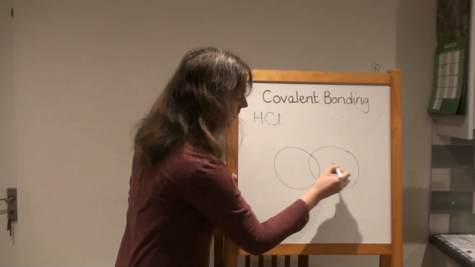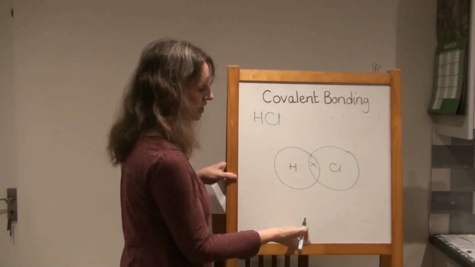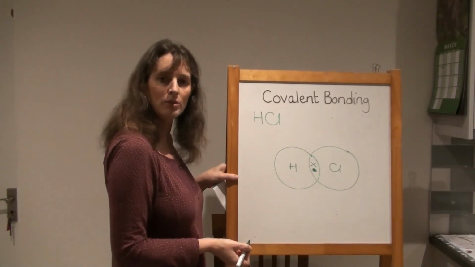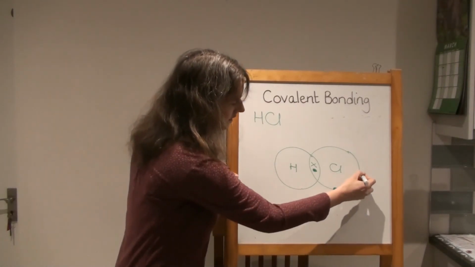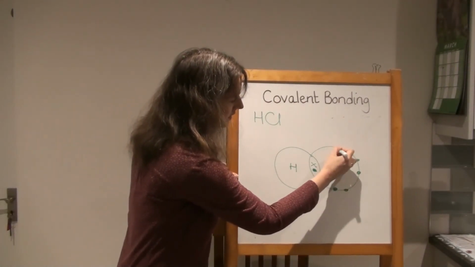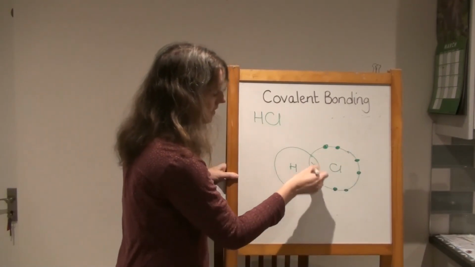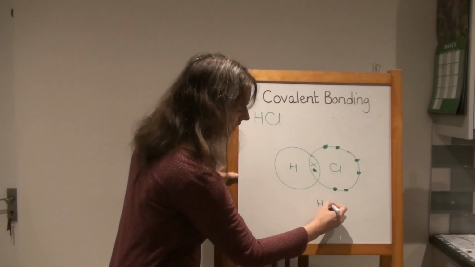Hydrogen has 1 electron, which it has to share to get 1 back from chlorine. Chlorine, of course, in group 7, 1, 2, 3, 4, 5, 6, 7. Total 8, total 2, you're done. HCl.